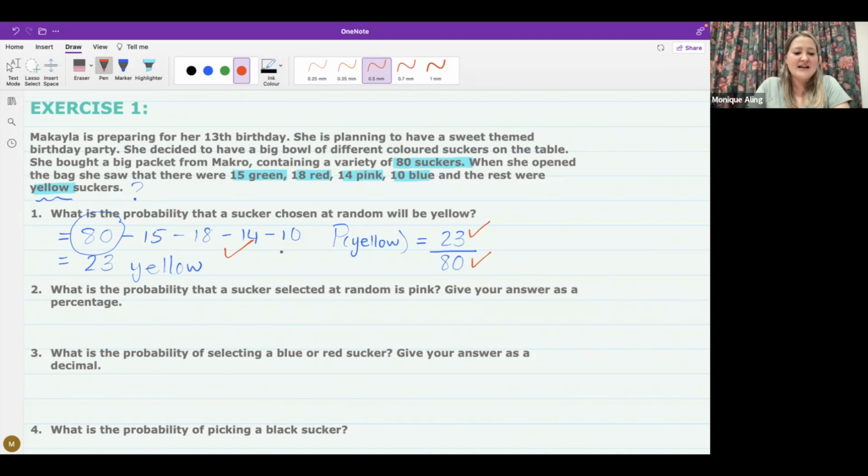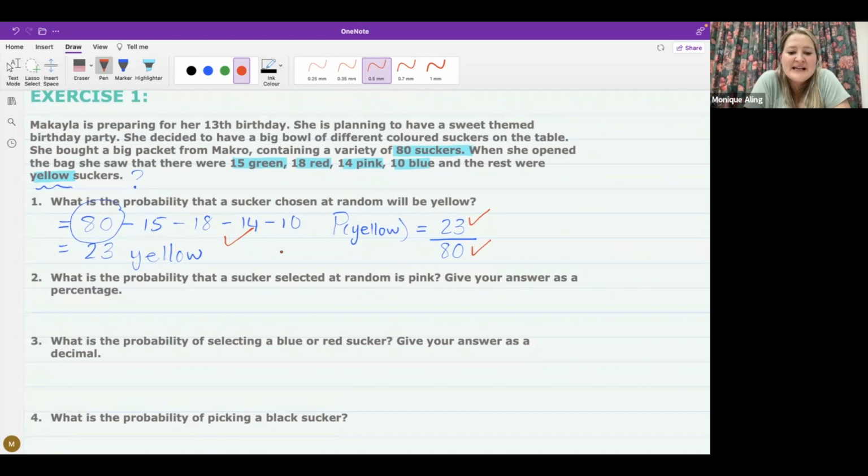Good. Then number 2, what is the probability that a sucker selected at random is pink? Give your answer as a percentage. Okay, so just a reminder, we say P for probability, we put pink in the brackets, and then we answer. Cool, and I see we've got some answers already.